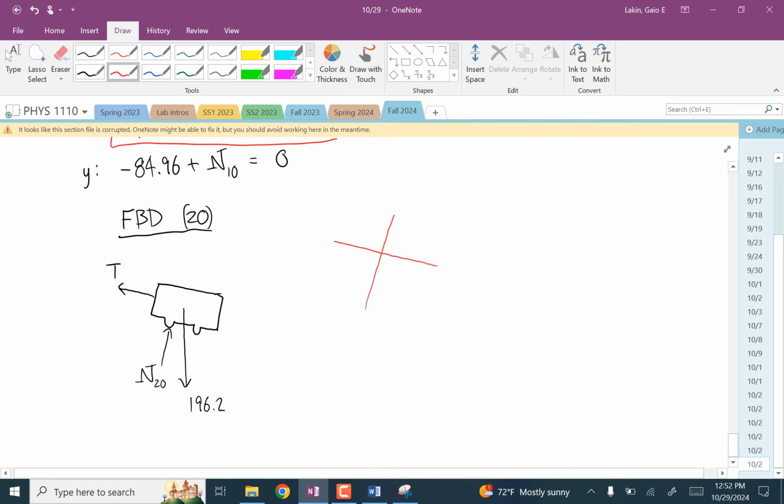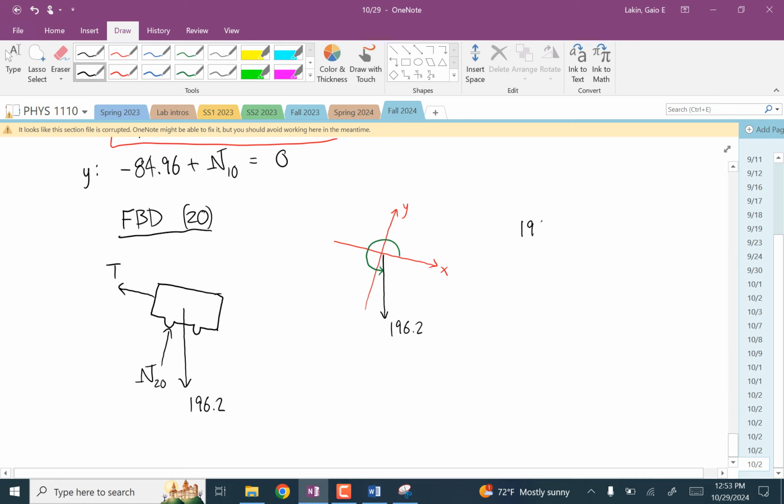Here's the coordinate system. Here's the weight force of 196.2. And so what's that angle from the positive x-axis to the weight force? In this case, notice that if you go counterclockwise from the x-axis, you go 90, 180, 270, and you go past that 270 line. So it's going to be 270 plus 10 instead of 280 minus 10. So this is going to be 280.